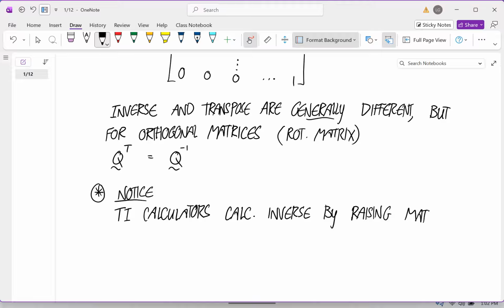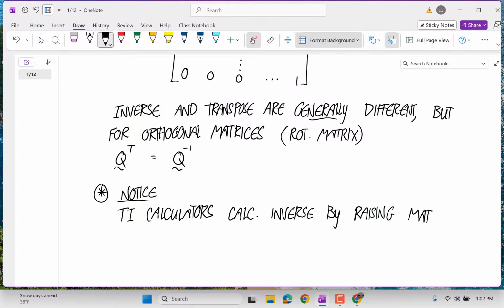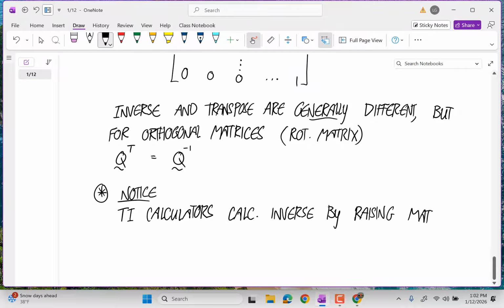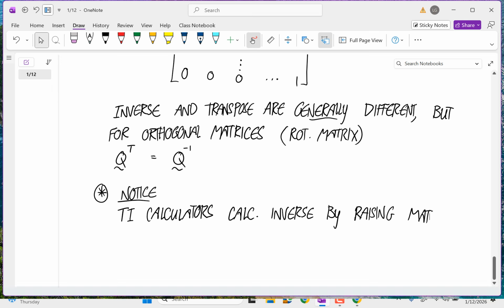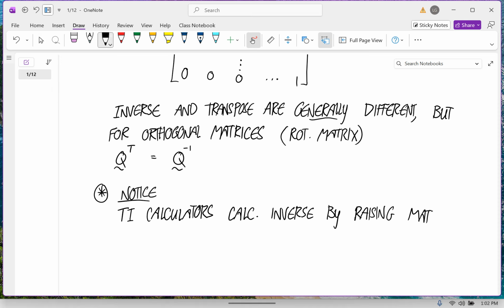Oh, my computer does this sometimes. Just a sec. So you can calculate the inverse by raising the matrix to the -1 power.